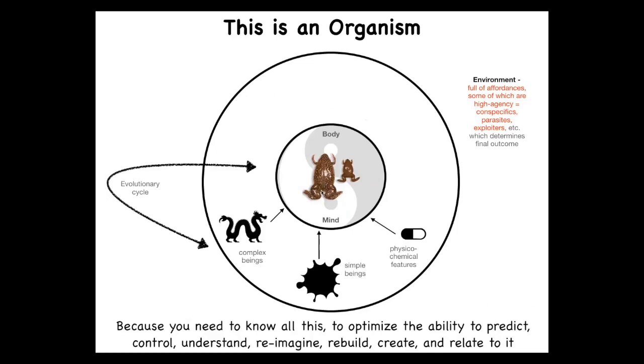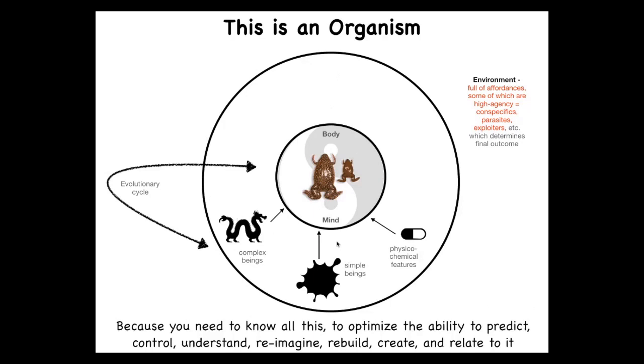So internally, of course, the genome sets some of the hardware, but also we've got various different degrees of agency in the environment that actually manipulate what ends up happening, from very simple chemical physical features, simple organisms, and very complex organisms like we bioengineers, right? So there's parasites, conspecifics, and so why is this the organism?